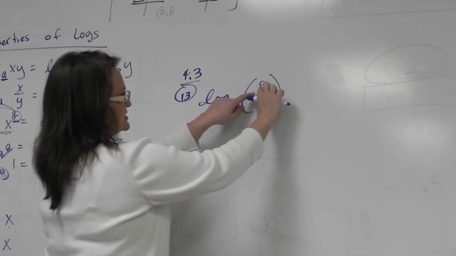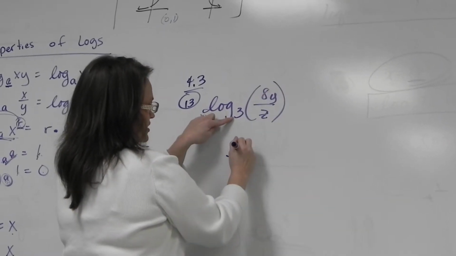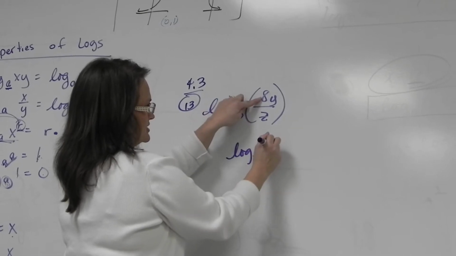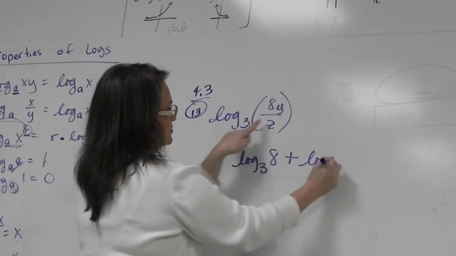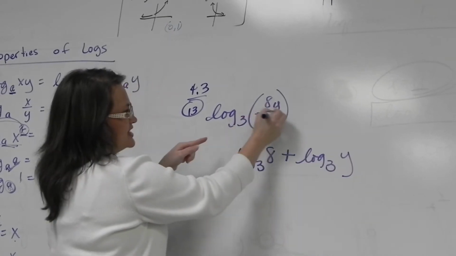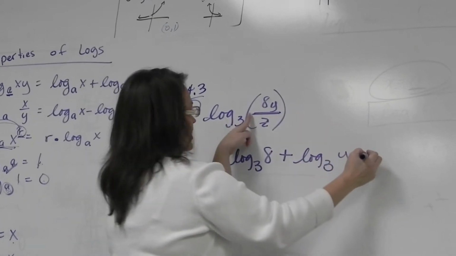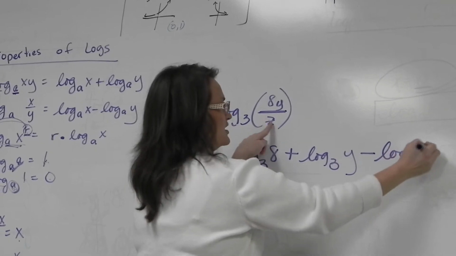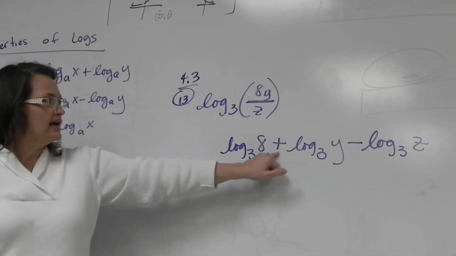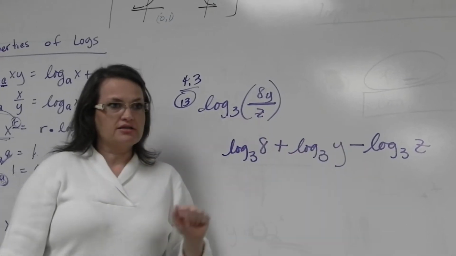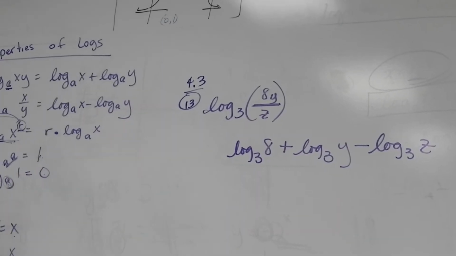We know that this is times, so we'll change that to log base 3 of 8. And where it has times, we'll put plus log base 3 of y. And because that's divide, we'll say subtract log base 3 of z. So just knowing to expand, multiply is add, and divide is subtract. And that's all you do to that one.